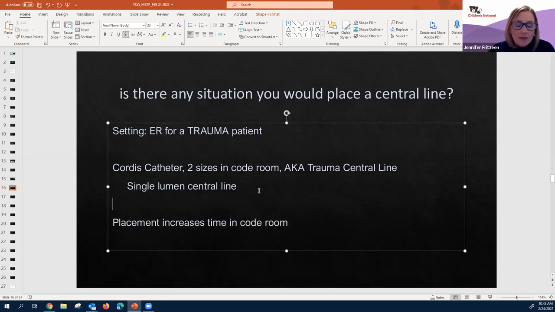The other reason is contaminants. I used to work in the ER, so I don't mind saying there are lots of cooties in the ER. And as careful as we try to be, the code room is not a very well controlled environment. So when we're trying to prevent BSI, that's probably not the best place to put a line in.